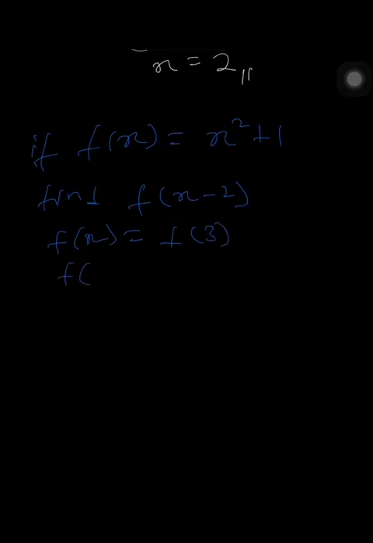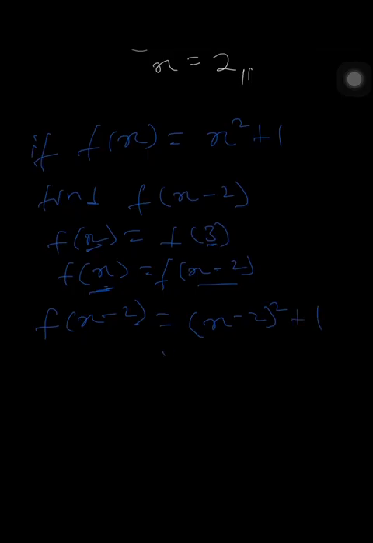Here we are finding f of x minus 2, and we've been given f of x. Wherever we saw x, we replaced it with 3. So the same thing is what we do here. Wherever we see x, we replace it with x minus 2. So f of x minus 2 is going to be x minus 2 all squared plus 1. So x squared minus 4x plus 4 plus 1, which will be x squared minus 4x plus 5. That is f of x minus 2.